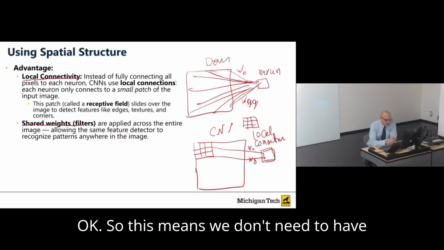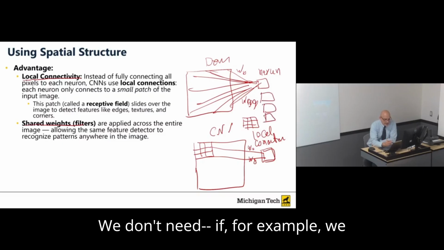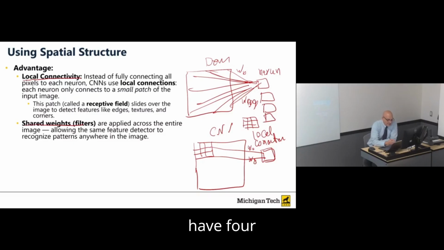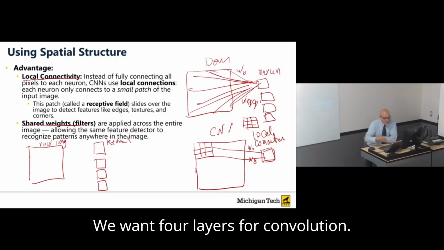So this means we don't need to have lots of neurons here. For example, this is a raw image, and we want 4 kernels, 4 layers for convolution.